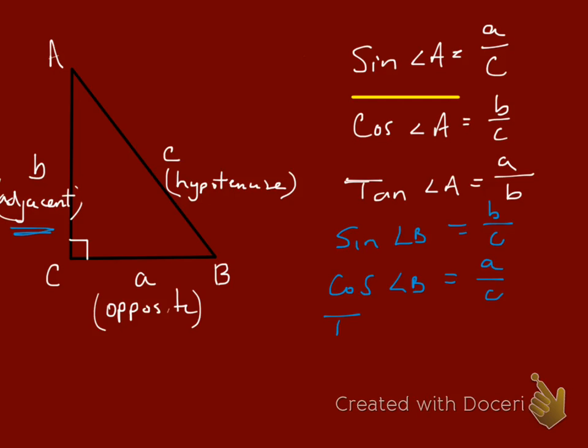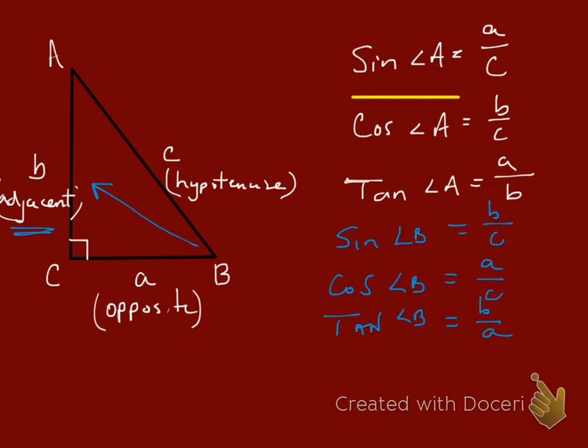And then finally, tangent of angle B is equal to the opposite again, which is little b, not A. So opposite over adjacent, which in this case is b over A.